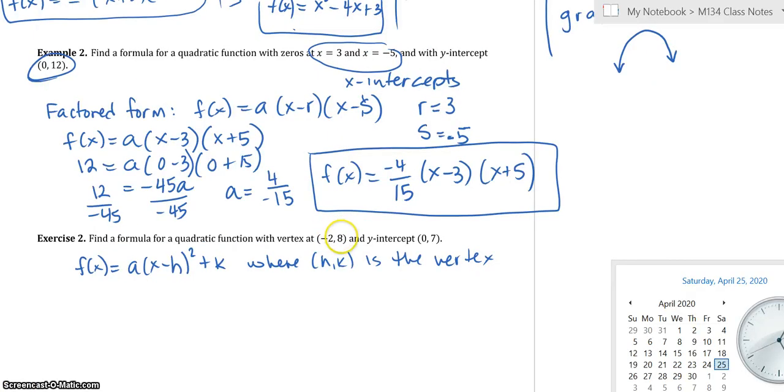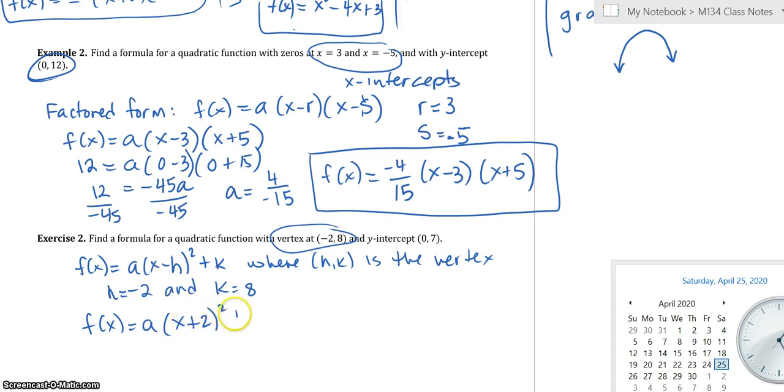So we know that this is the vertex, so therefore, and on our formula, which I wrote here, h comma k is the vertex. So we know this tells us that the h is -2 and the k is 8. So if I just plug that in, I do not know what a is, but I know that this is -2 minus a -2 is a +2 plus 8.